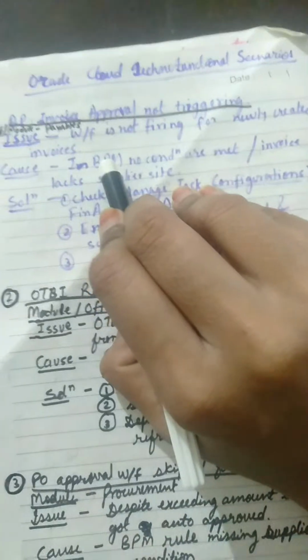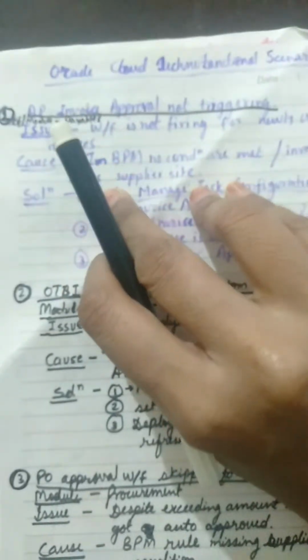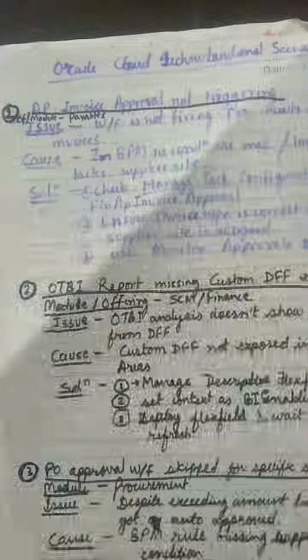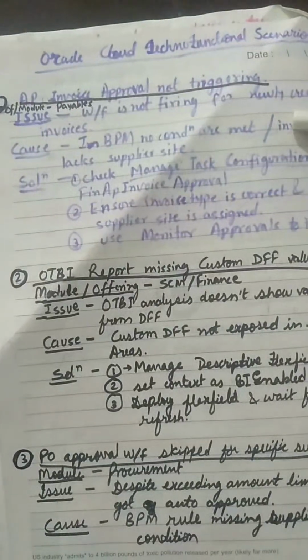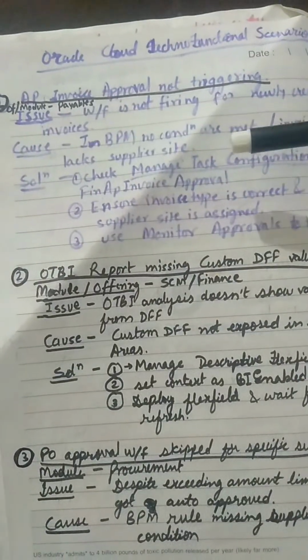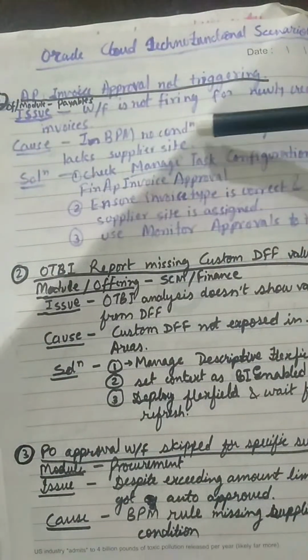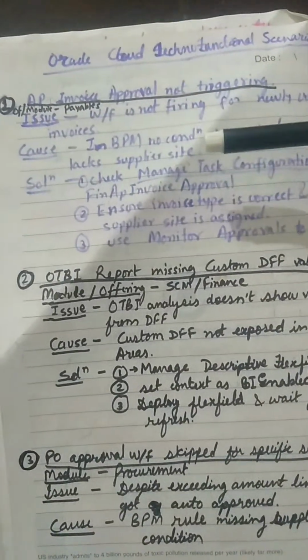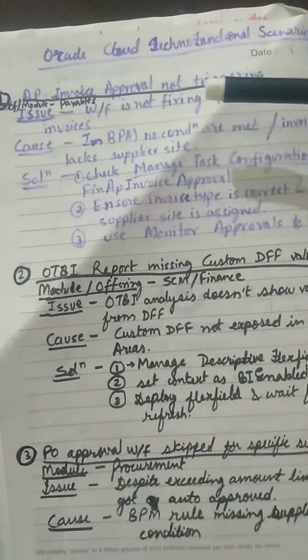If the workflow is not firing for newly created invoices, then what to do? In BPM, what is the cause for this? For any newly created invoices, the workflow is not firing, so AP invoice approval is not getting triggered.